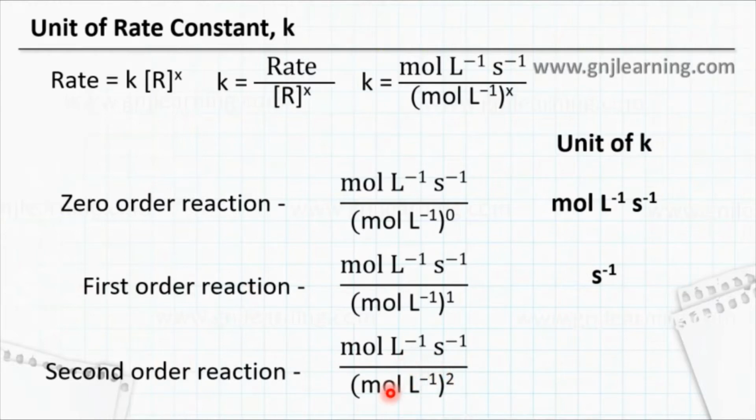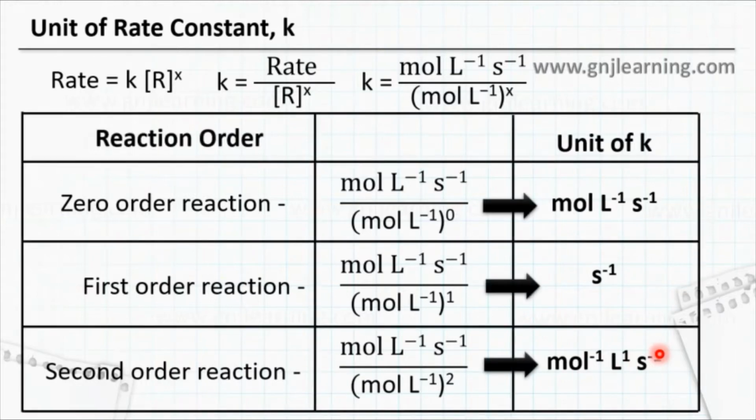The remaining mole goes to the numerator as mole raised to minus 1, and the remaining liter also goes to the numerator, so you get liter raised to 1 and second raised to minus 1. To make it into a table, you will get it like this.